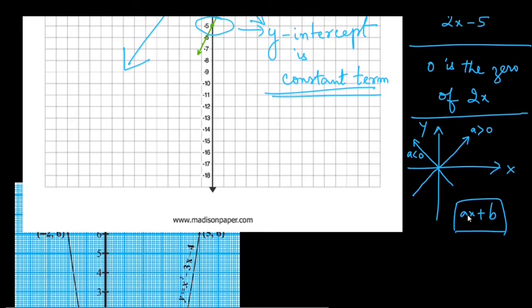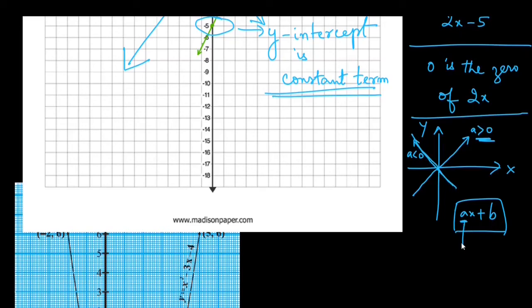If the polynomial is ax plus b, the coefficient of x is a. If a is greater than 0, the lines are oriented like this. If a is less than 0, the lines will be oriented like this.